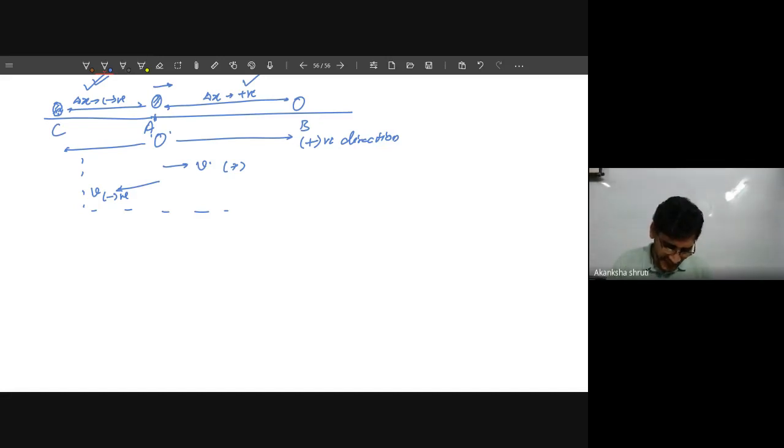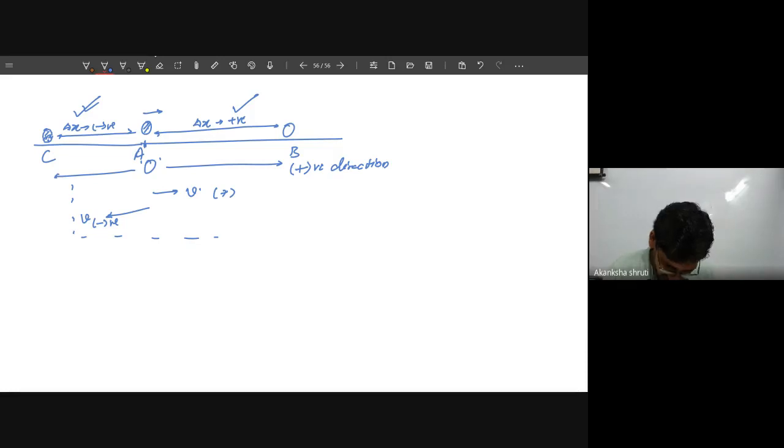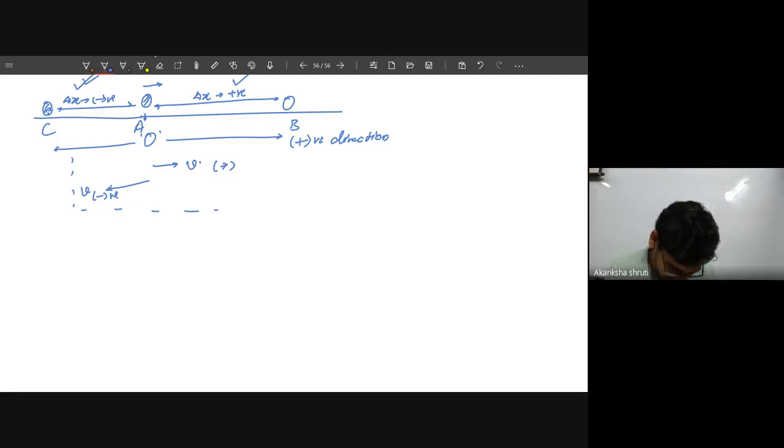So acceleration can also be taken as positive or negative. Student, this thing we will learn in more detail, when positive, when negative, while we choose the sign for each symbol while solving the numericals. So those things we will learn.